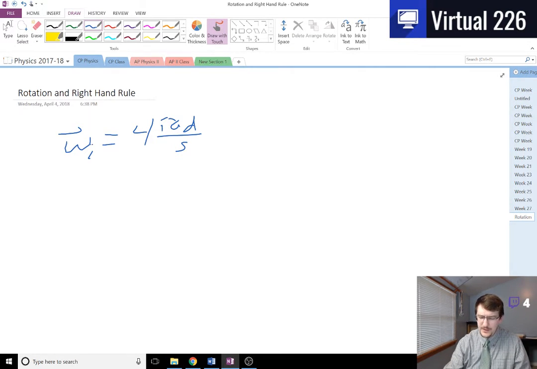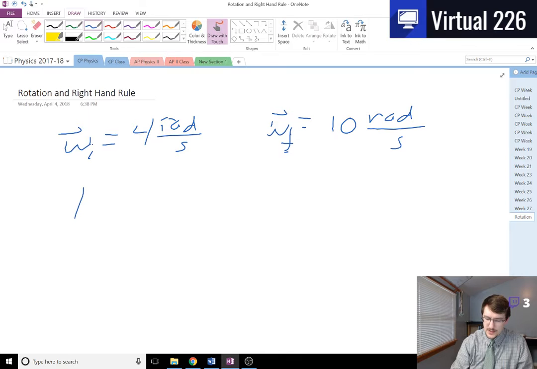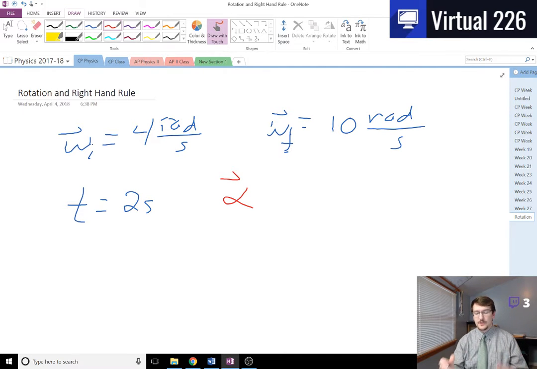And then let's just say that at some time later, it's speeded up. Then it has a final velocity of 10 radians per second. And let's just say it takes 2 seconds to speed it up. What is the angular acceleration that this object experiences in doing so?